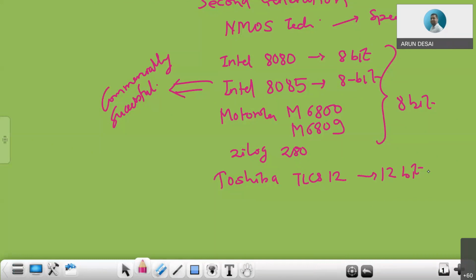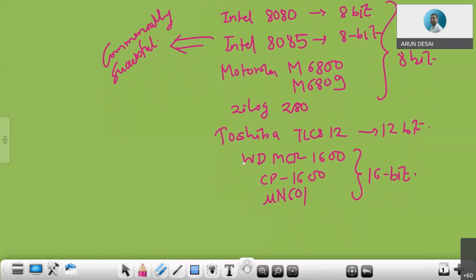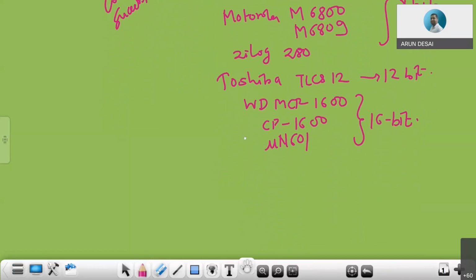Then there are some 16-bit processors also available, that is WD MCP 1600, then General Instrument CP 1600, then Data General's MN601. Those all are 16-bit processors at that time. So this is all about second generation.